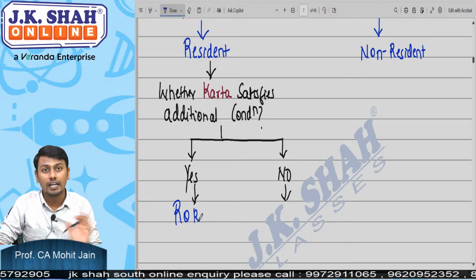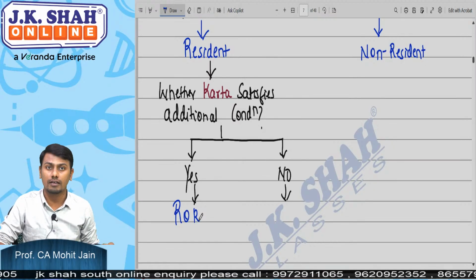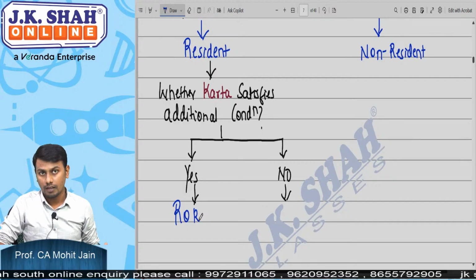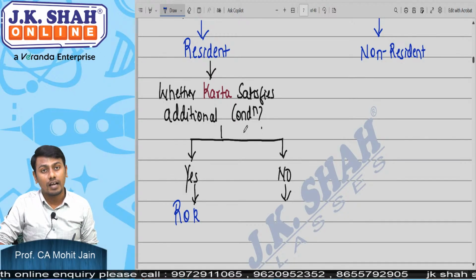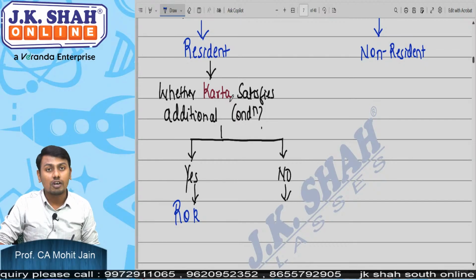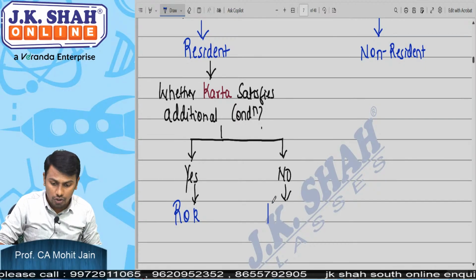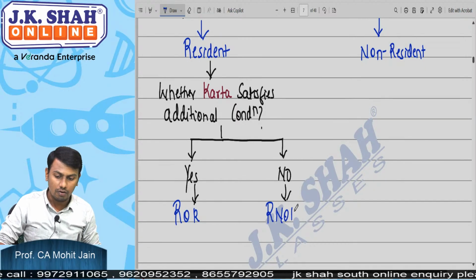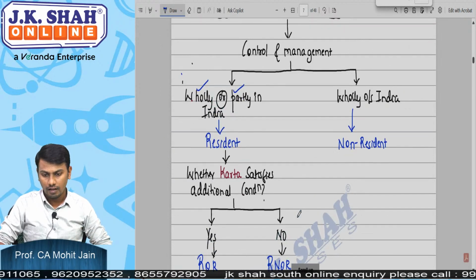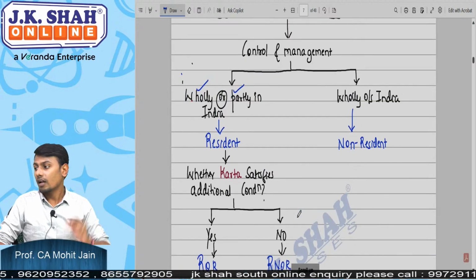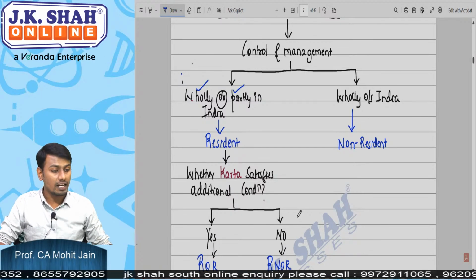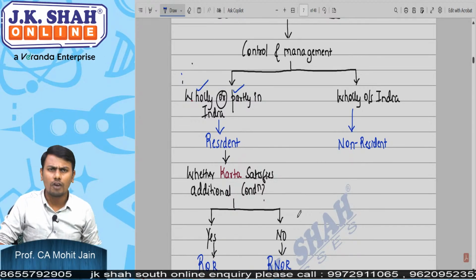If the Karta is satisfying additional condition, then HUF is ROR. See, we are not determining residential status of Karta here. We are determining residential status of HUF. So if Karta is satisfying additional condition, then HUF is ROR. But if Karta is not satisfying additional condition, then the HUF is RNOR. So very simple. First, how will you determine? Control or management. If the control or management is wholly outside India, then by default it's non-resident.